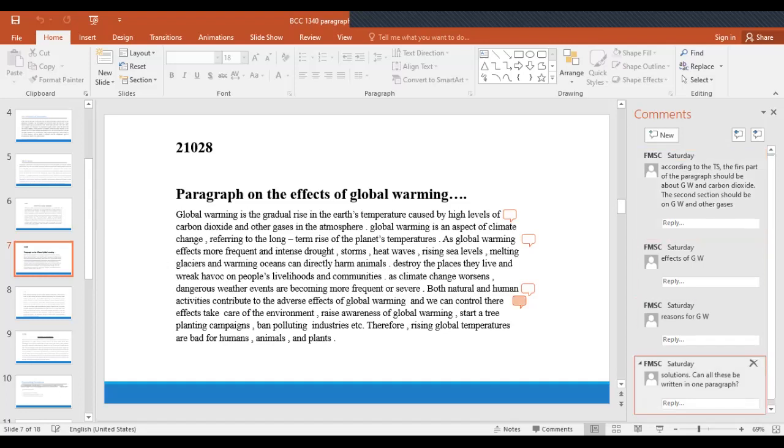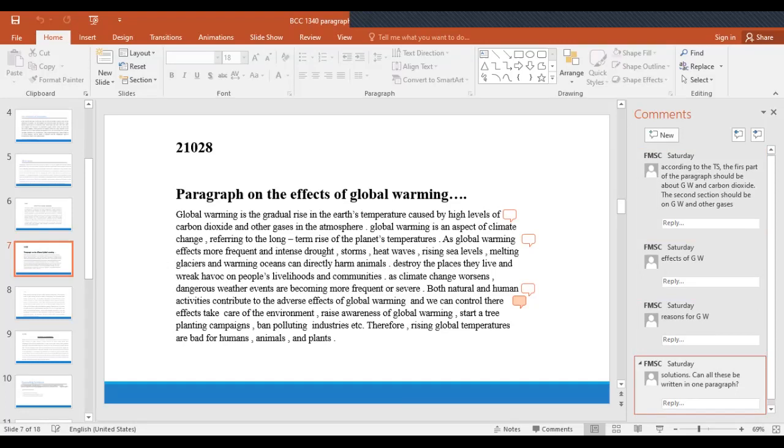Then I have also said that you have mentioned solutions. Now in your topic sentence, you do not talk about solutions, right? It's about how global warming gradually affects the temperature through carbon dioxide and gases.